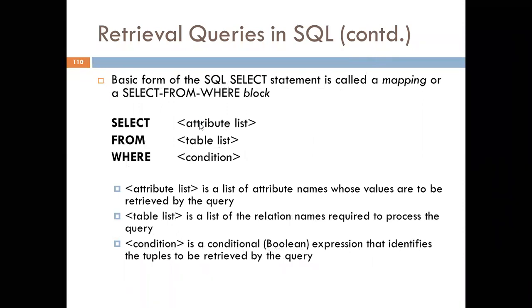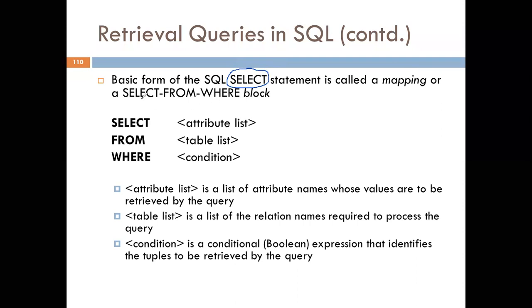Now let us look at the basic structure of a query. In SQL, in order to extract the data that is present in the table, the command which we use is called select. We also call it a select statement.